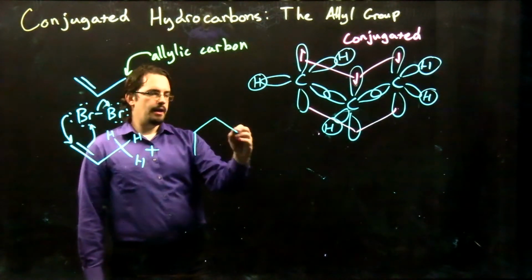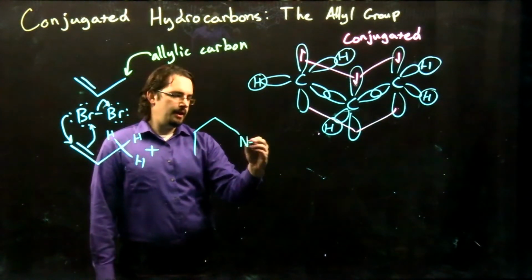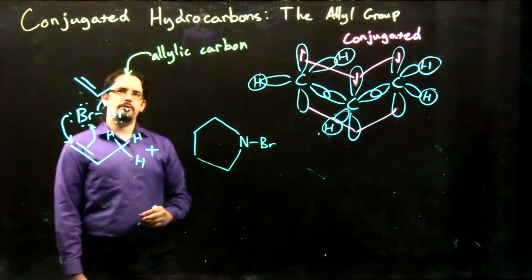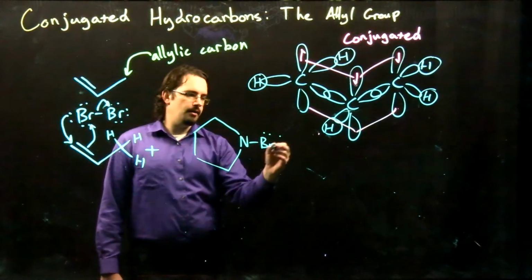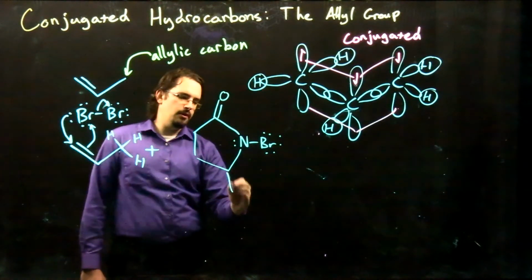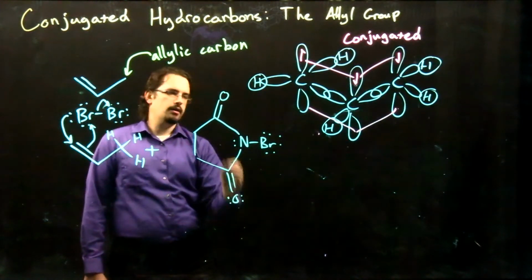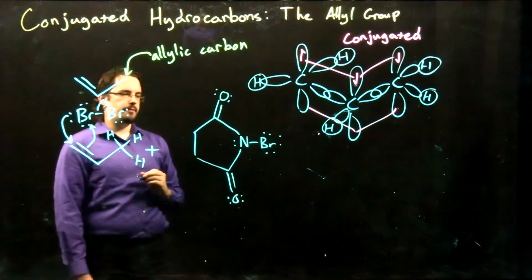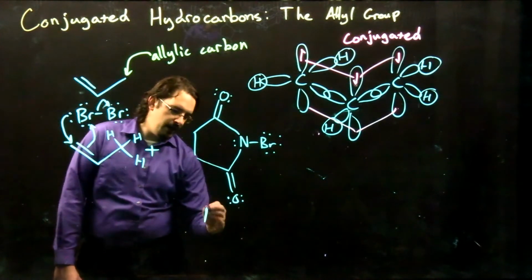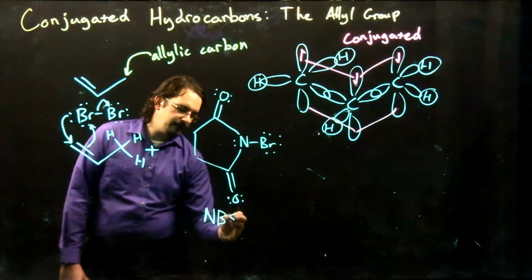So this is our N-bromosuccinimide. So we have a 5-membered ring system with a nitrogen attached to our bromine. And then we have 2 carbonyl carbon-oxygen double bonds on our ring system as well. So this is our N-bromosuccinimide, abbreviated as NBS.